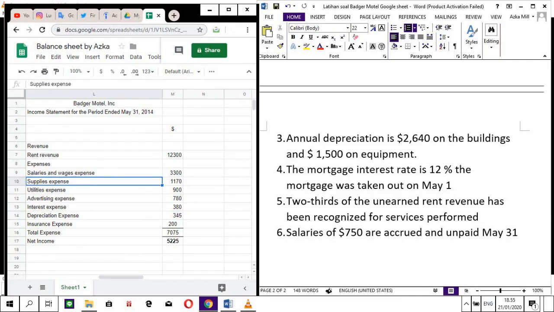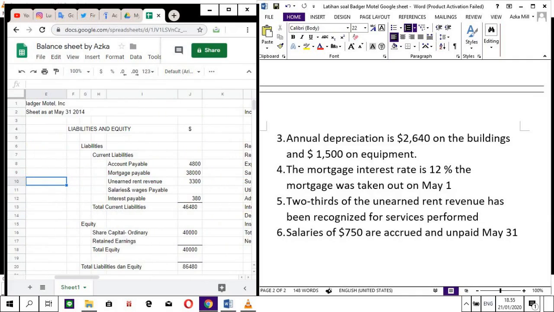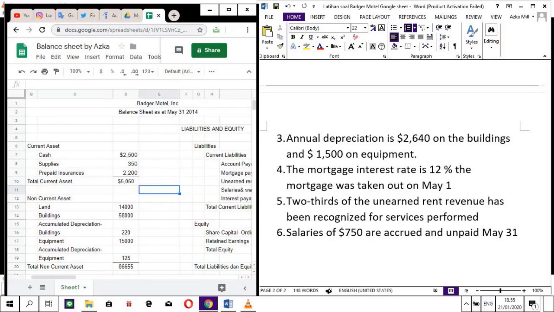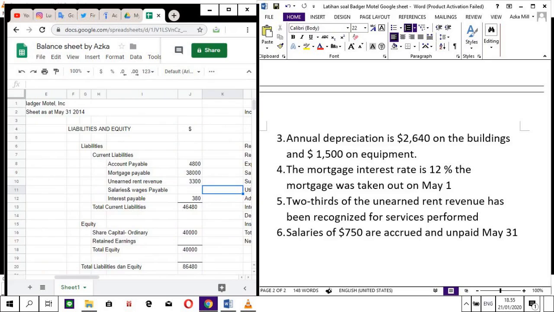Next, 2/3 of the unearned revenue has been recognized for services performed. This is deferred revenue. It is money we get that is uncollected, but the service related to what that revenue pays for is provided over a period of time.